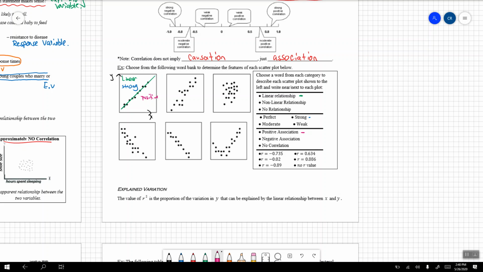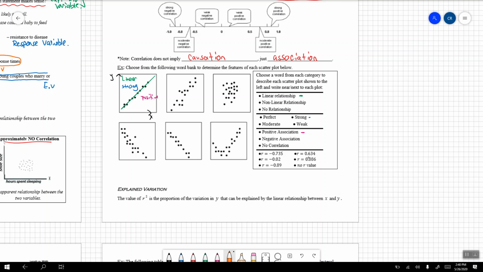Now the correlation coefficient, the very last one here. What type of correlation would we see here, numerically speaking? All right, well, if it's positive, then that means this correlation coefficient is not going to be negative. So that automatically cuts out these first three in that first column. Secondly, the R value, or the correlation coefficient, closer to 1 is going to be the stronger correlation.